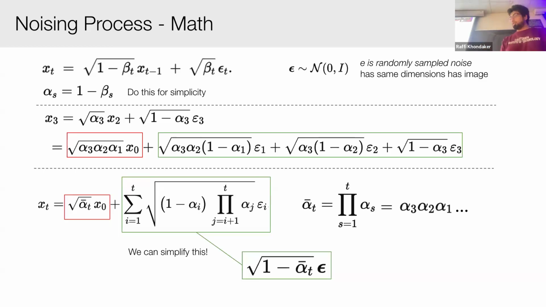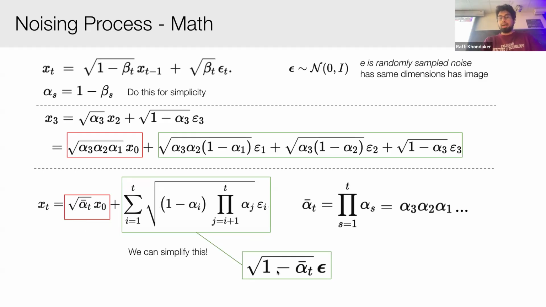This first term is just the square roots of all the alphas you have. And if alpha is a constant, then it's just that constant raised to that power. Later on, we see that alpha is usually not a constant, but if it is, it's just a number raised to a power, and the square root goes away. So really it's just a constant times x naught plus this ugly summation here.